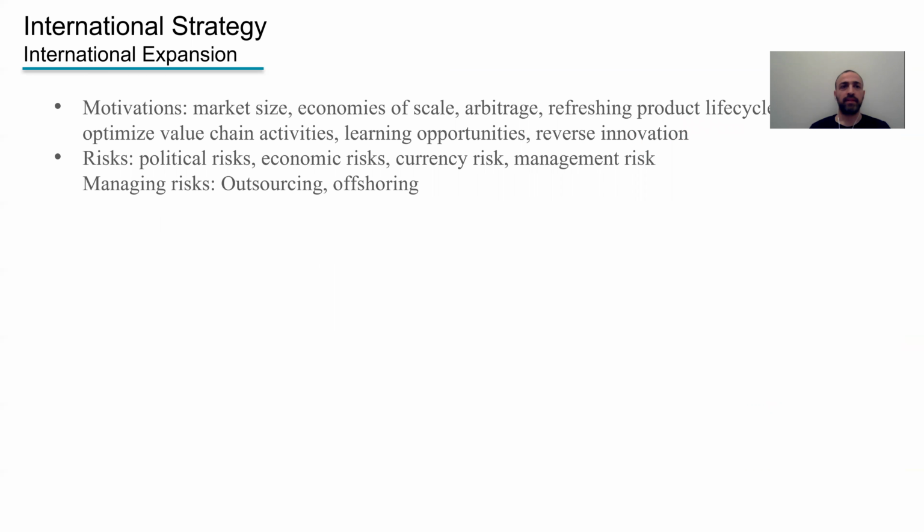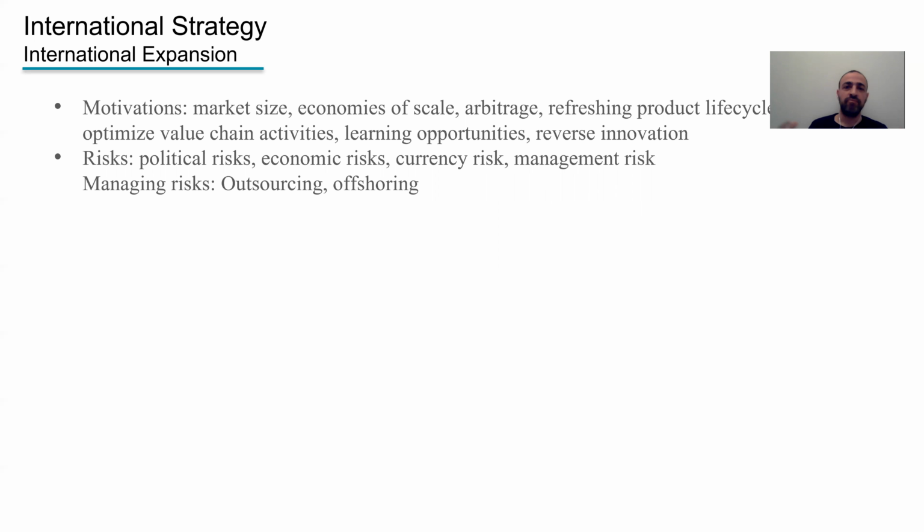For international expansion, there are motivations and risks. For motivations, if you want to expand, you can increase your market size, you will have economies of scale, you will have arbitrage, buying or producing cheaper and selling more expensively in another country, refreshing your product life cycle, and optimizing the value chain activities.